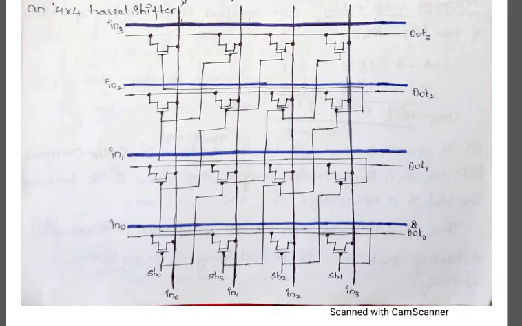It may consist of an array of transistors in which the number of rows equals the word length of the data word, and the number of columns equals the maximum shift width. I am saying here we have 4 columns, so it will shift up to 4 bits. Both are set equal to 4. So this is how you will be shifting.